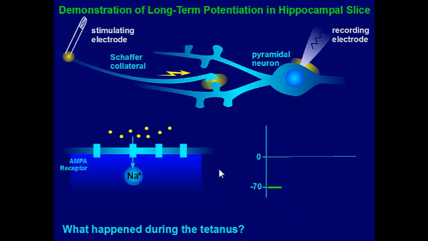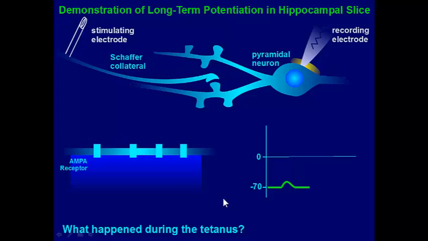Here is before the neurotransmitter is released. With the release of the neurotransmitter, depolarization here, and we're now measuring an excitatory postsynaptic potential. So the EPSP.